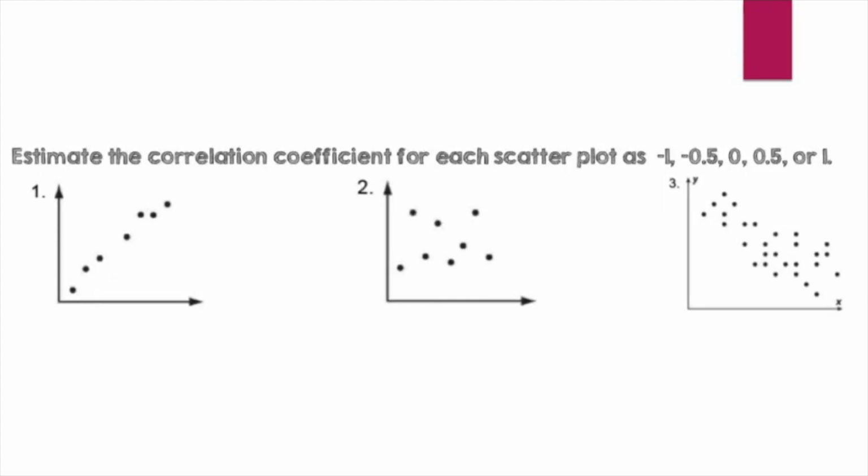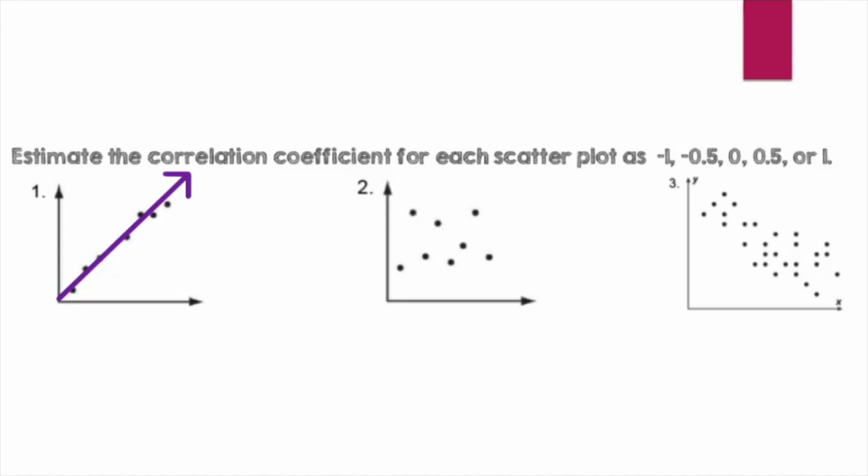All right, guys, so for this section, you have to identify the correlation coefficient for each scatter plot using either -1, -0.5, 0, 0.5, or 1. So remember, it goes from left to right. Looking at the scatter plots for number 1, you can see that it's going up from left to right. So that's like this if it was a line. And it's really close to the line.